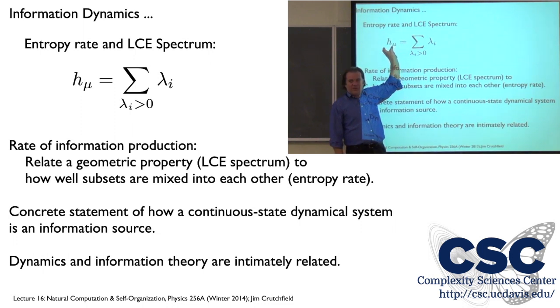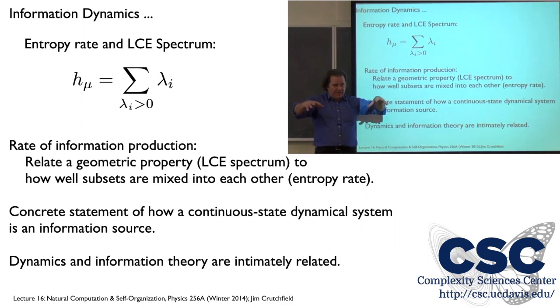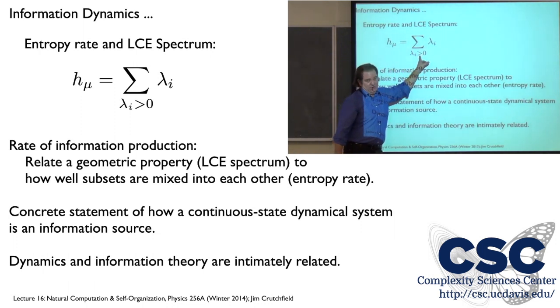So this is an interesting connection between what was essentially a global view of how the dynamic operates on coarse-grained sets and maps them into each other, and, dual to that, how locally the system is stretching and shrinking. Or in fact, just the stretching directions.